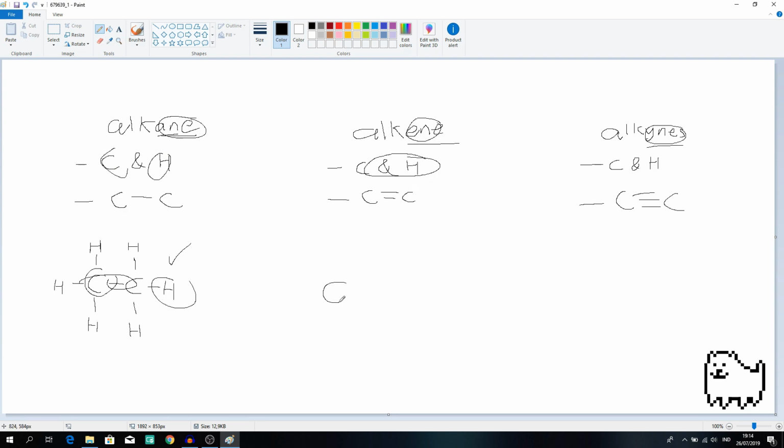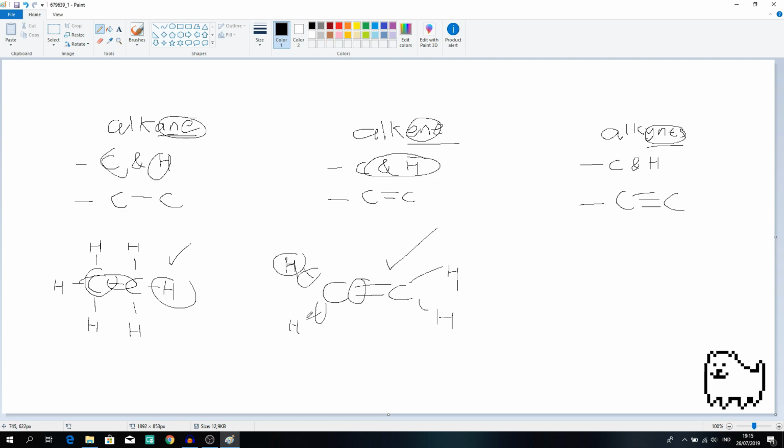For an alkene, it will be like this. A double bond basically makes this an alkene. It's also made up of carbon and hydrogen. Since this carbon is double bonded, you can only accommodate 2 more bonds, because 2 plus 2 is 4.